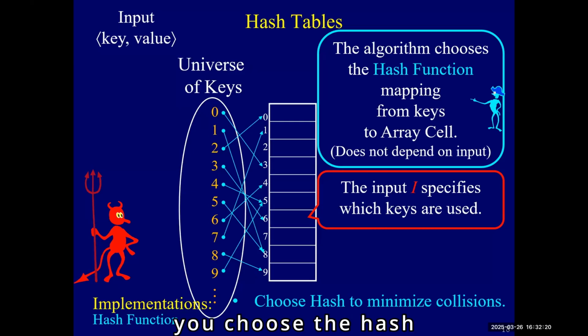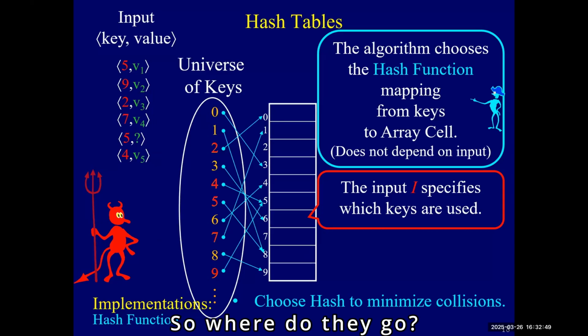Clearly, if you choose the hash function first, then adversarially, everybody's going to get hashed to the same cell. There's some cell that lots and lots of things go to, and all the keys that come are going to go to the same cell. Everybody see that that's not fair?